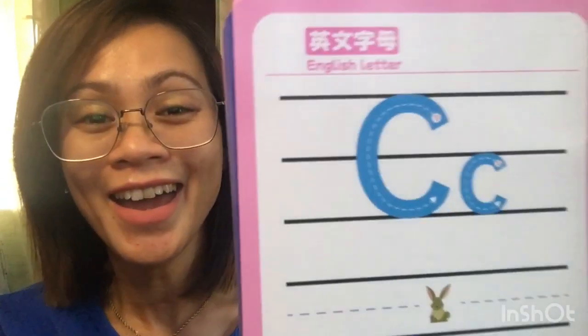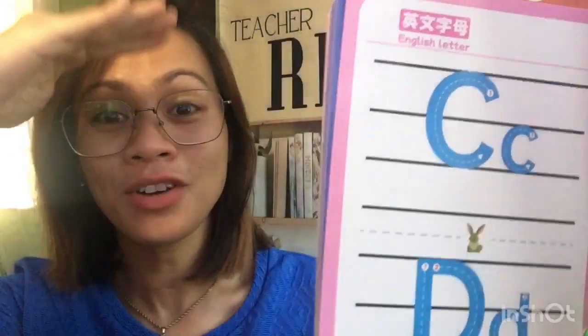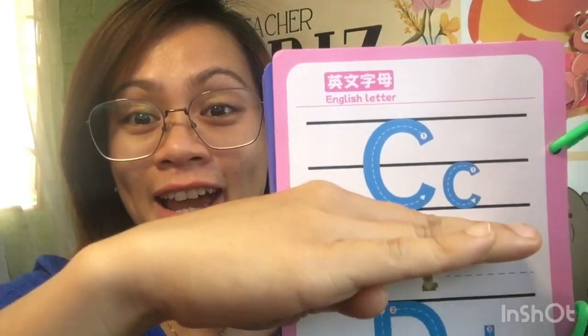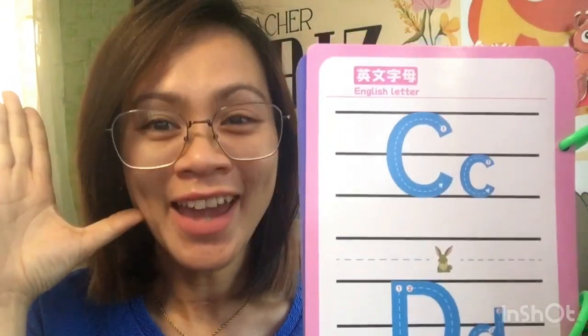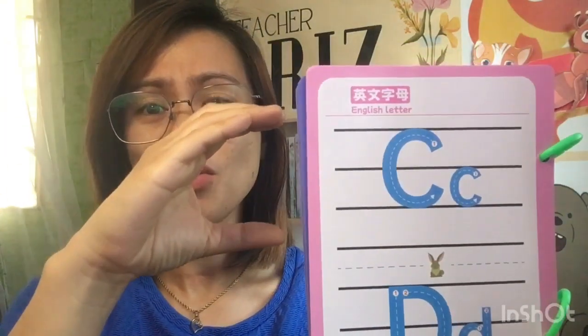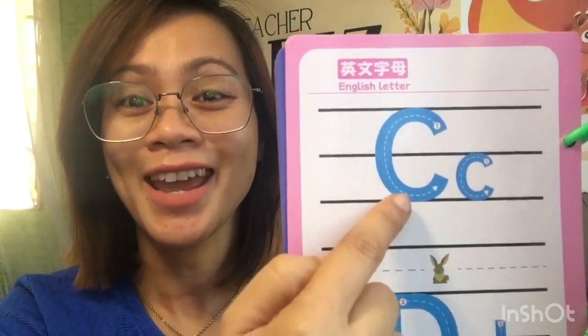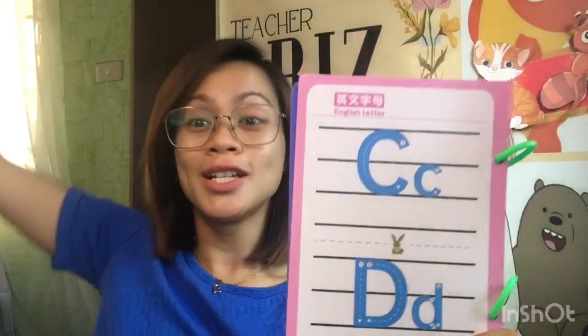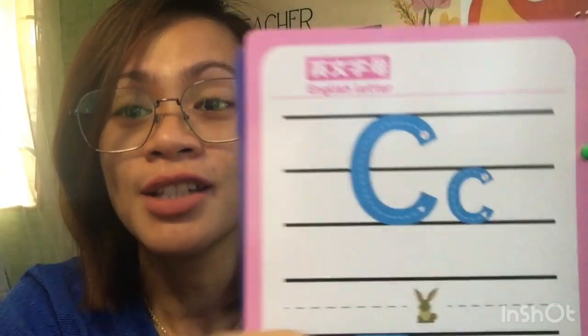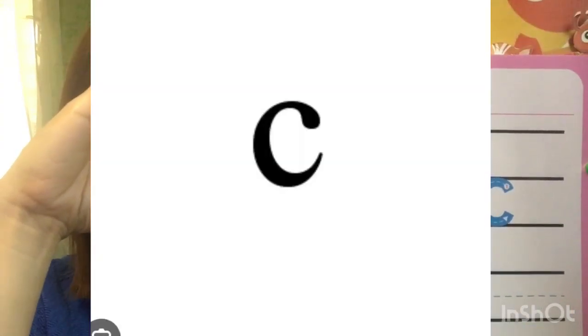Okay, hey Tally, can you look at the screen? Look at the screen. What letter is this? Okay, letter C. Look, there's a big one and a small one. This one is a big C, and this one is a small c.